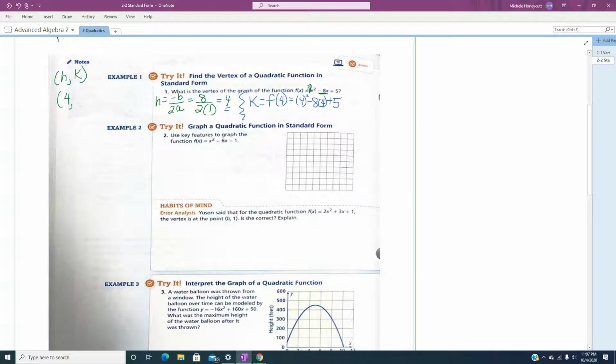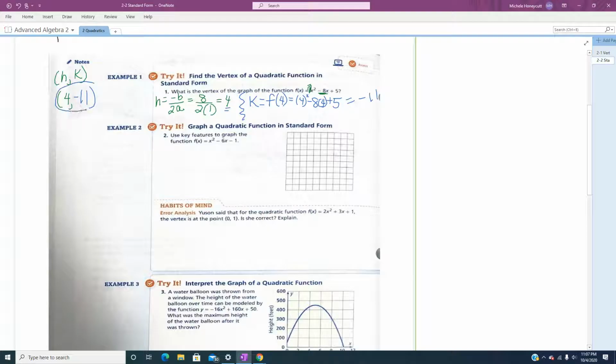So 4 squared is 16 minus 32 plus 5. Oh, let me grab my calculator. I think it's negative 11, but I'm just double checking. 16 minus 32 plus 5, negative 11. Yes, okay, I get negative 11. So my vertex of this function is (4, negative 11).